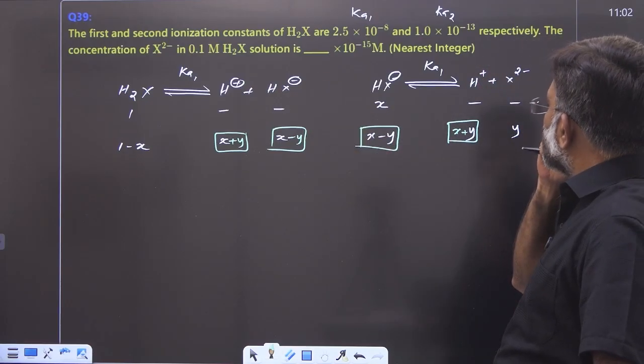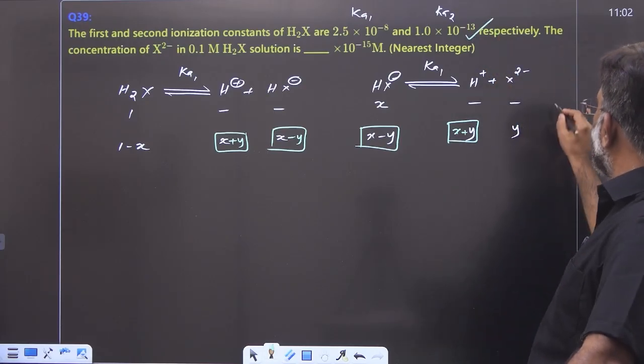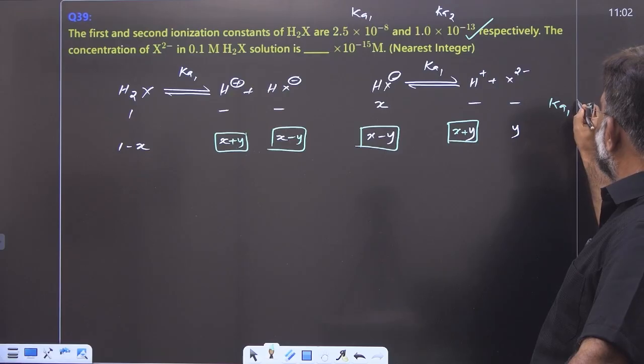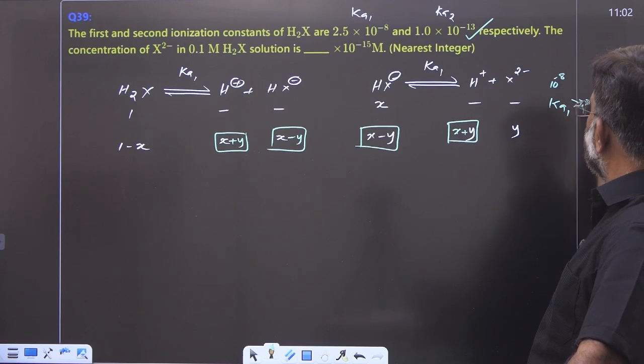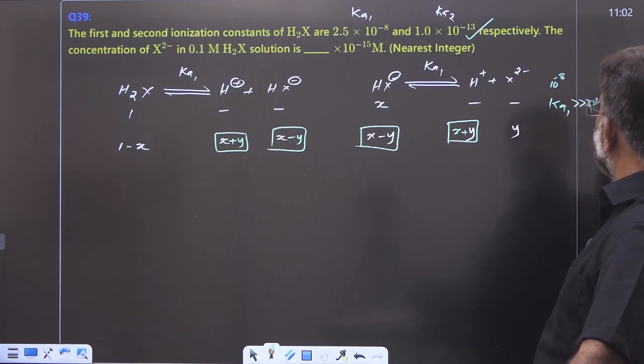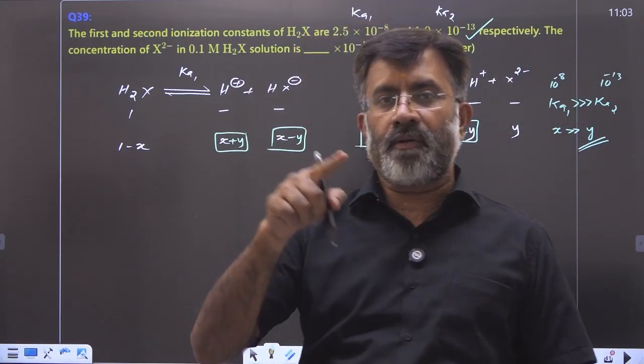Now it is very much evident that this value is very low. So we can assume Ka1 is greater than Ka2. This is in the range of 10 power minus 8. This is in the range of 10 power minus 13. Obviously, x will be greater than y, so y is negligible compared to x.